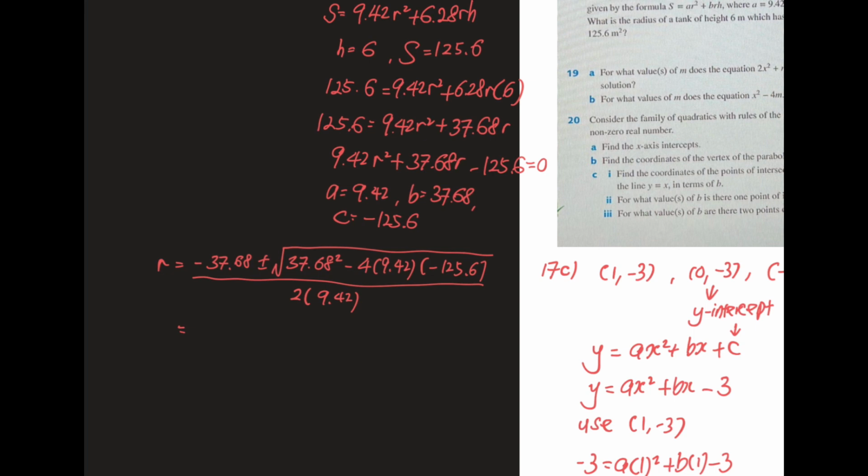Okay, then we just press everything in the square root first. 37.68 square minus 4 times 9.42 times negative 125.6. Okay, so negative 37.68 plus minus square root of 6152.3904, over 2 times 9.42, which is 18.84.